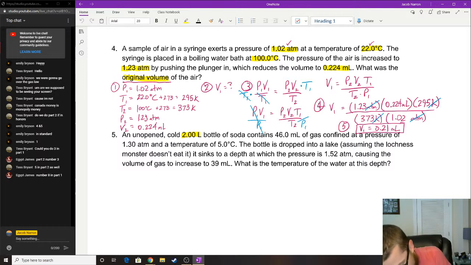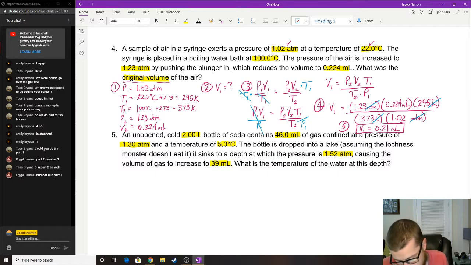Contains 46.0 milliliters of gas, confined at a pressure of 1.30 atmospheres and a temperature of 5.0 degrees Celsius. The bottle is dropped into a lake. I'm assuming the Loch Ness Monster doesn't eat it, and it sinks to a depth at which the pressure is 1.52 atmospheres, causing the volume of gas to increase to 39 milliliters.